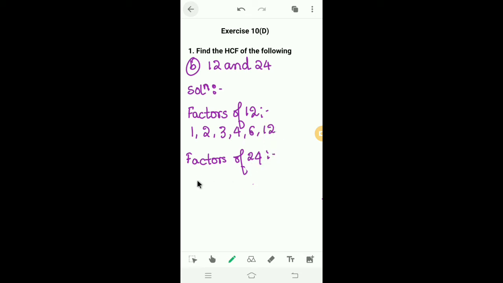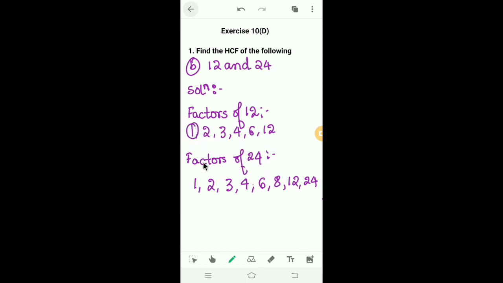Factors of 24 are 1, 2, 3, 4, 6, 8, 12 and 24. Next we have to compare and circle the common factors of 12 and 24.